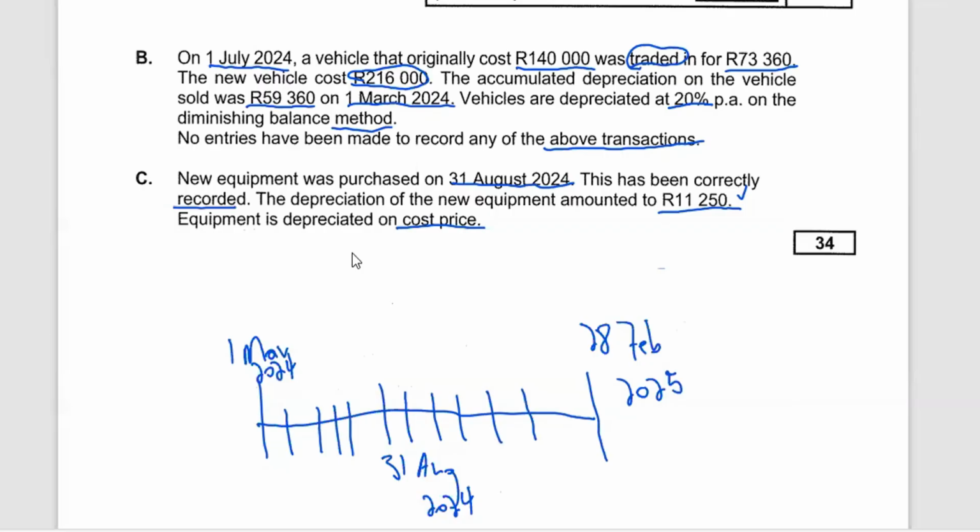So we know that we have the 11,250, which is our depreciation for 6 months. What do we want? We want the full amount, which is 12 divided by the 6 months that we have. Then we get our answer, which is 22,500.